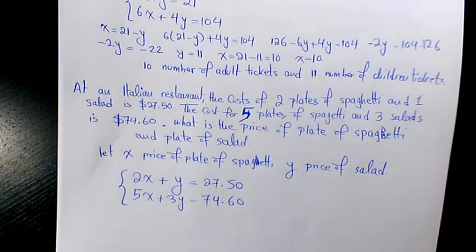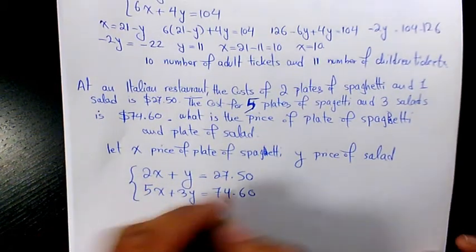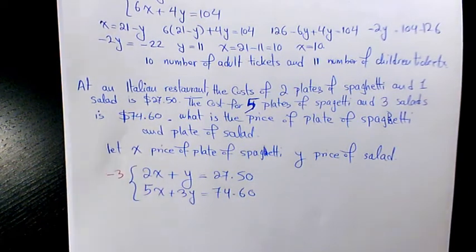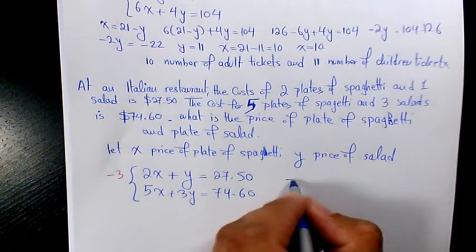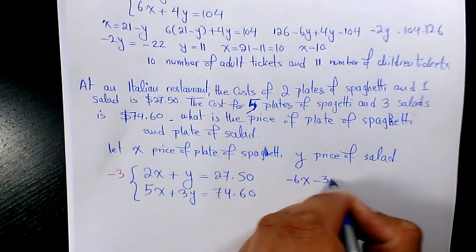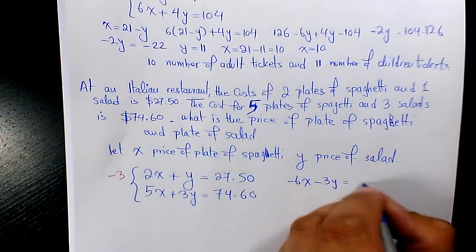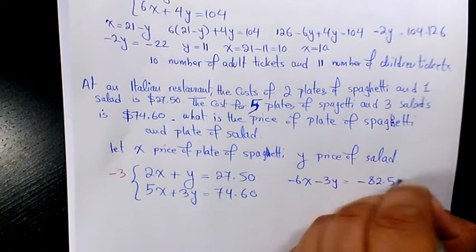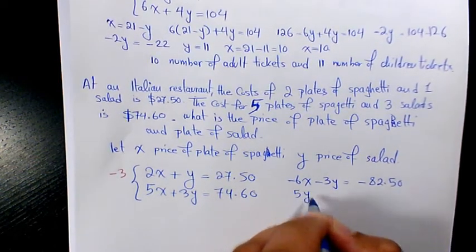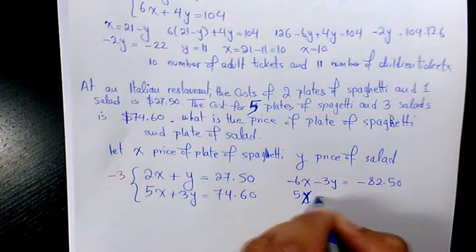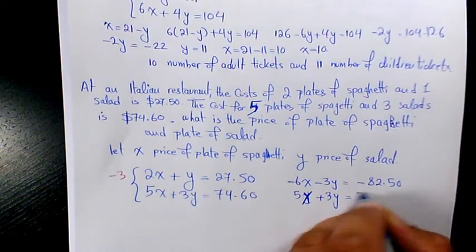So let's use elimination method. So I multiply the first equation by negative 3. So it's going to be negative 6x minus 3y equals to negative 82.50. Here we have 5x plus 3y equals to 74.60.